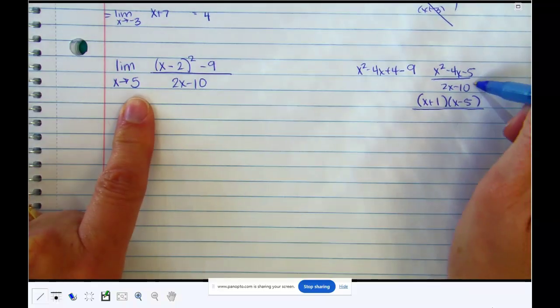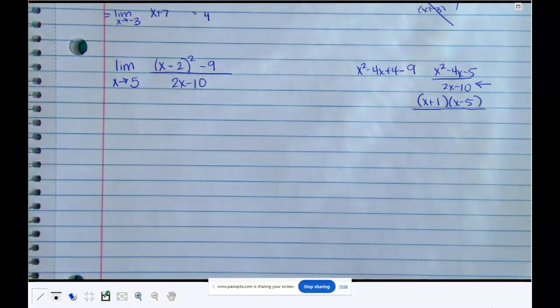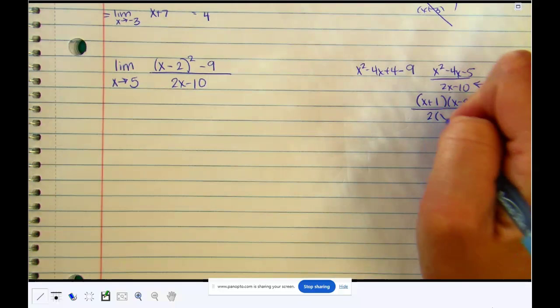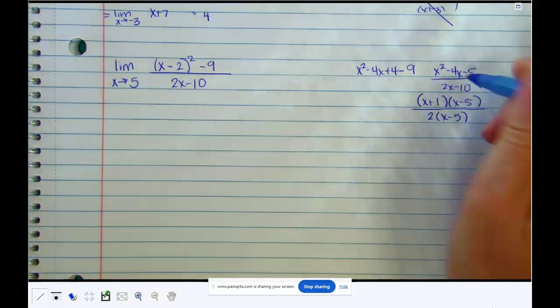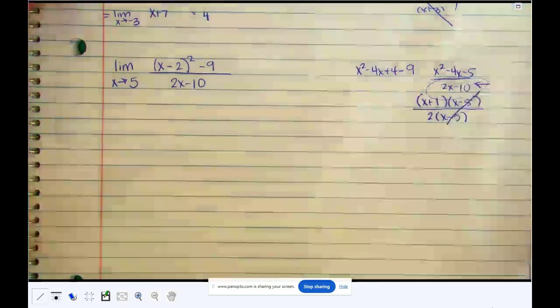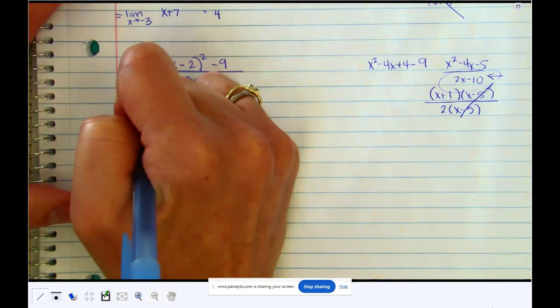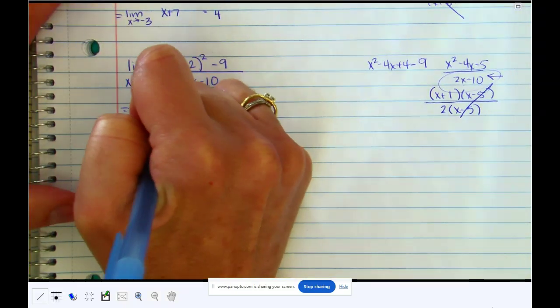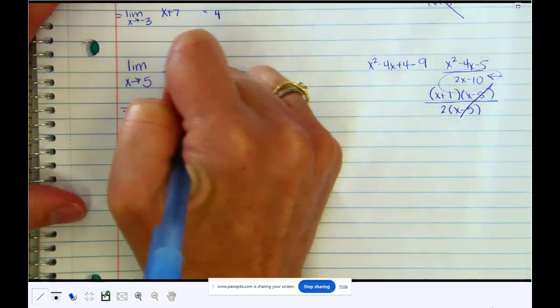What you have to do is undistribute the 2, because that's where you're going to come up with the x minus 5. So sometimes you have to factor out a constant number like that, and that's okay. So we got the limit as x approaches 5 of x plus 1 over 2.